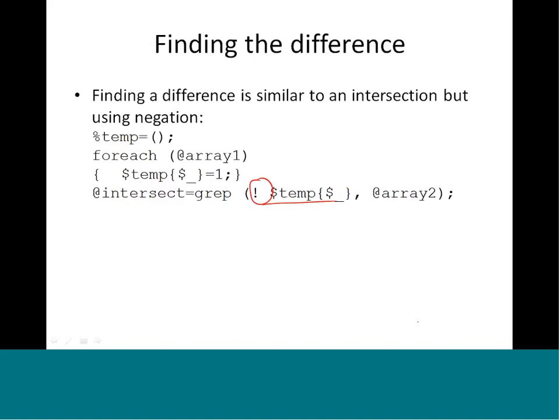So this will give you the difference between the two arrays. Whichever elements are in array 2 that are not in array 1 will show up in the array intersect.